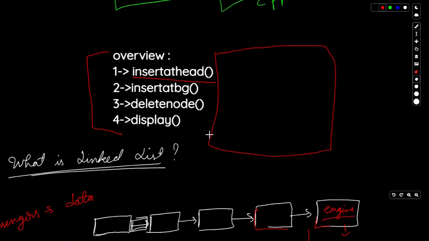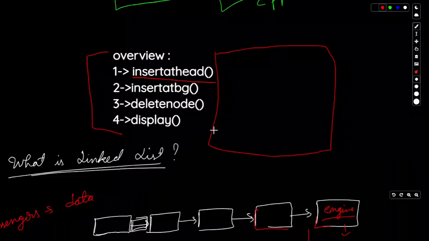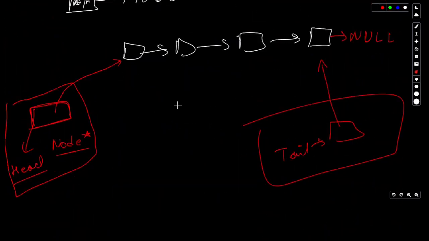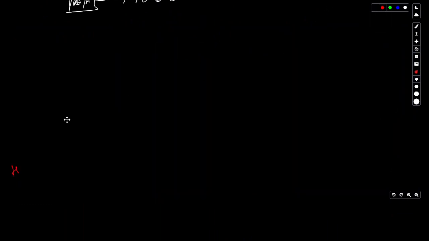Let's say insert at head. So if I am saying I'm inserting at head, we'll be taking a particular value and we want this value to be inserted at head. So what we are actually doing when we are inserting at head is very simple.